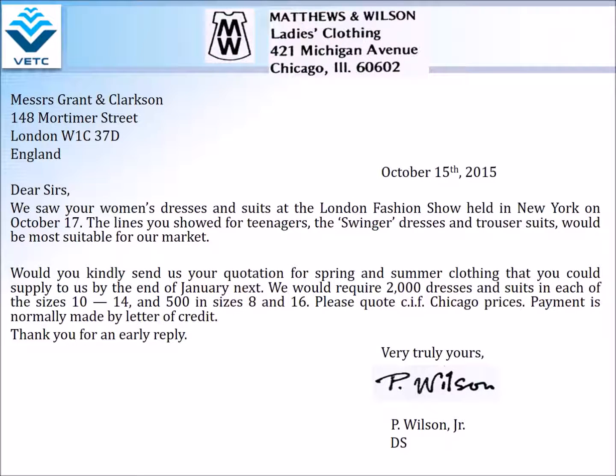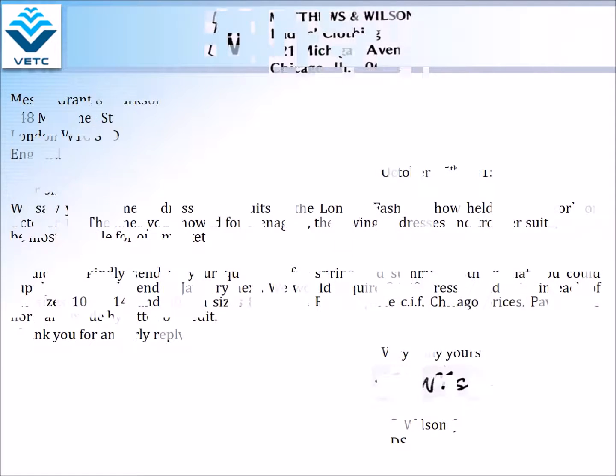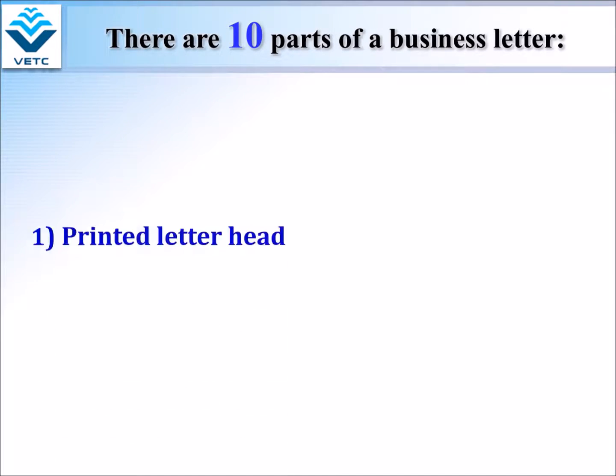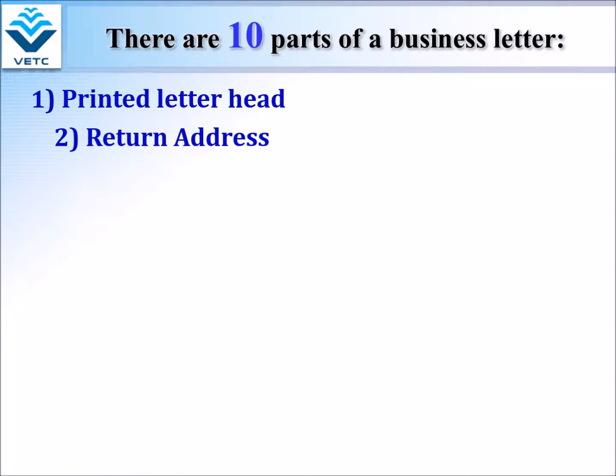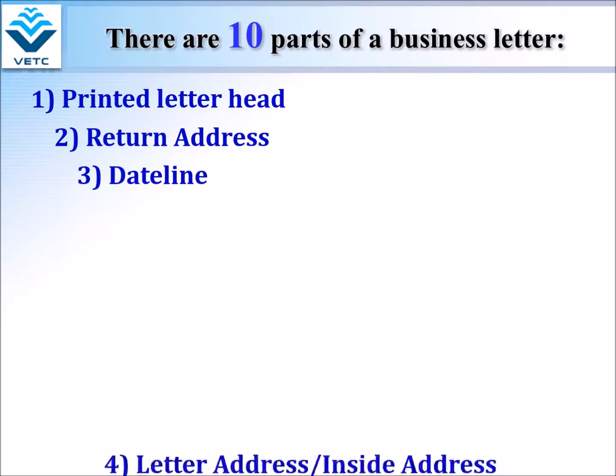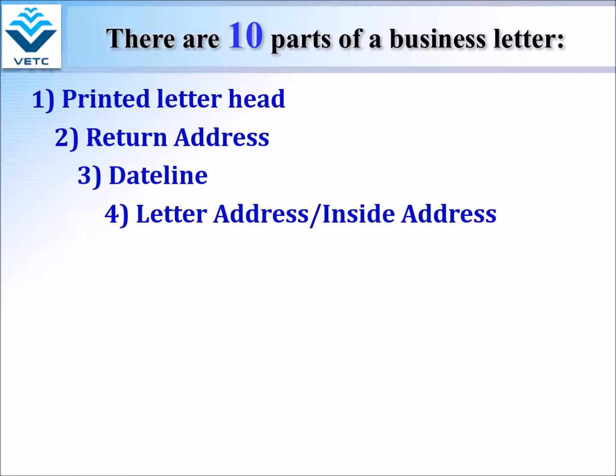Let's look at an example of a business letter. As you see, a business letter has 10 parts. 1. Printed letterhead. 2. Return address. 3. Deadline. 4. Letter address or inside address. 5.